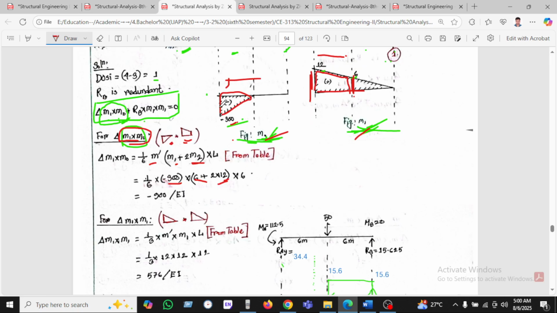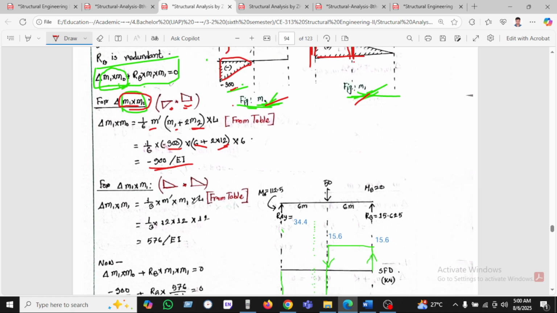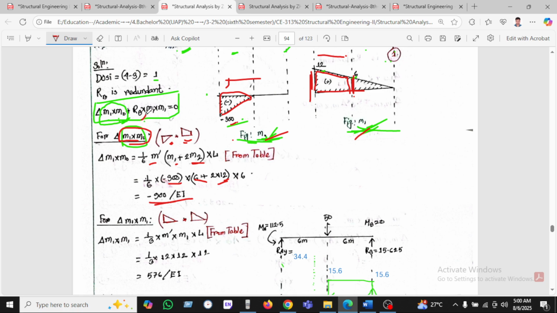So we have found the triangular load, and after putting in the values, we will find the RB. So you can see here M1 into M1. What does M1 into M1 mean? This is the figure M0, and this is the M1 into M1 diagram.